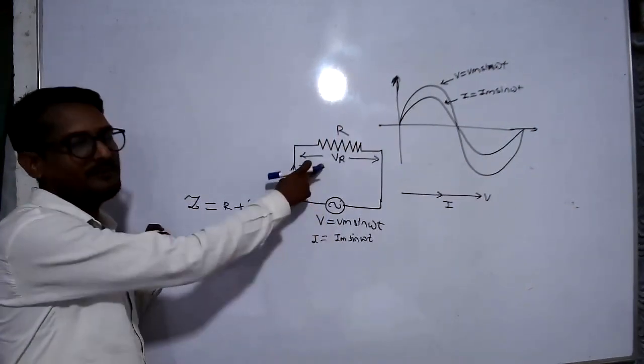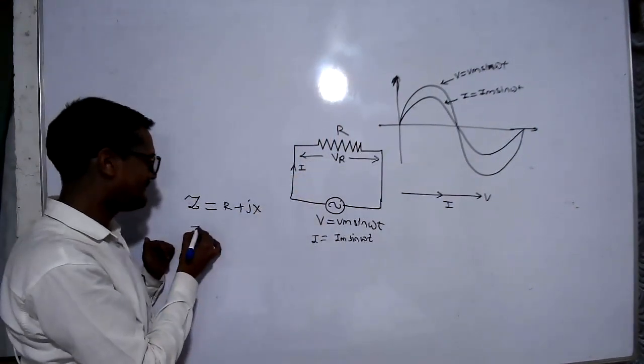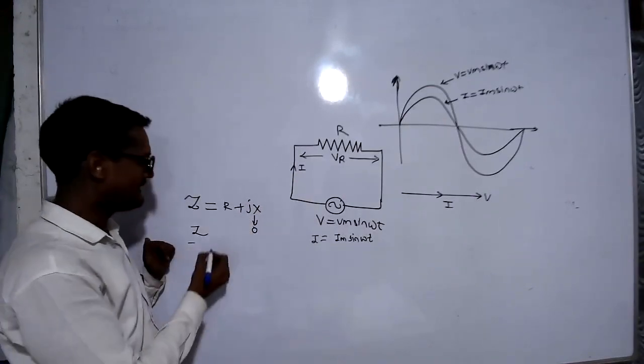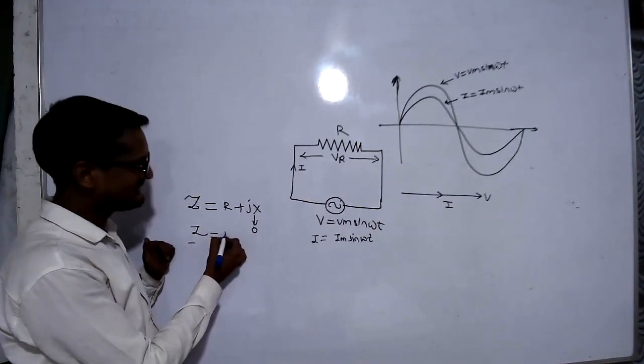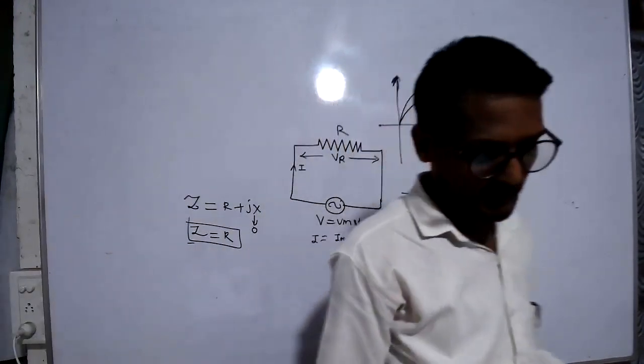Here, the term is only resistive. Inductance and capacitance are absent. Therefore, the value of jX is 0. Therefore, the value of impedance in case of a resistive circuit is Z equals R only.